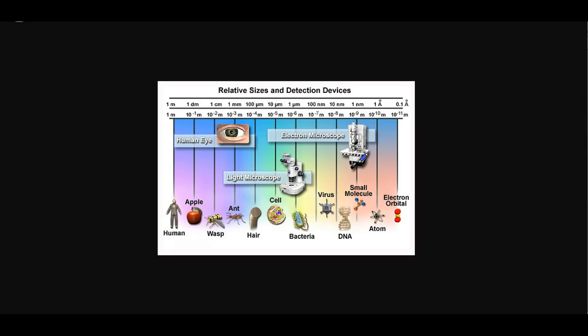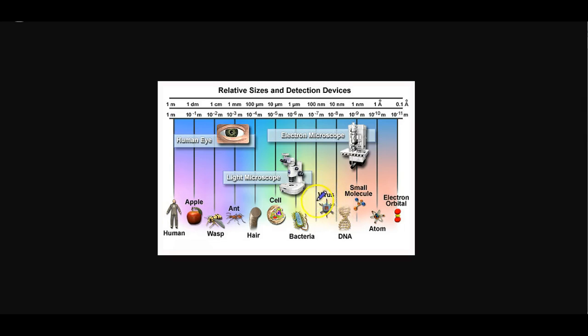But then if I looked under an electron microscope, it's possible to actually see things like bacteria, dirt or dust or things that are very, very small. These things here, so let's just get my pen.